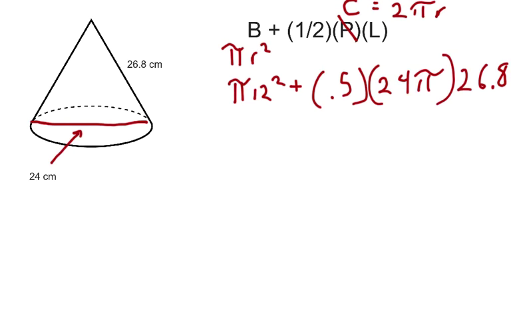Okay? Now, 12 squared is 144. Gives me 144 pi plus. Now let's calculate this out. Give me 1 second.